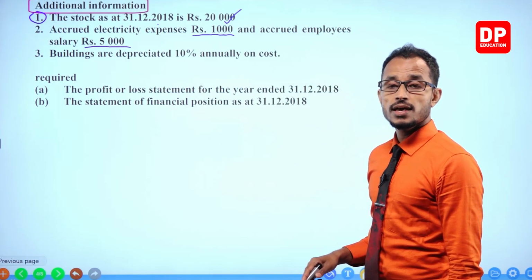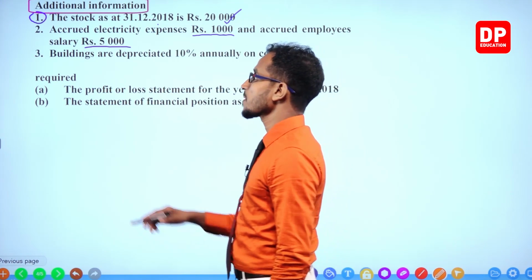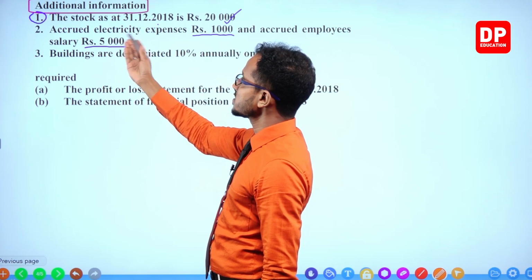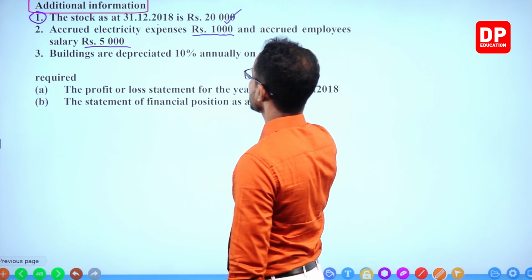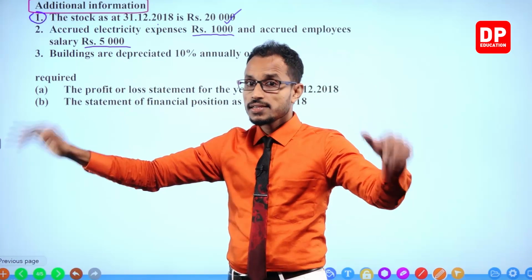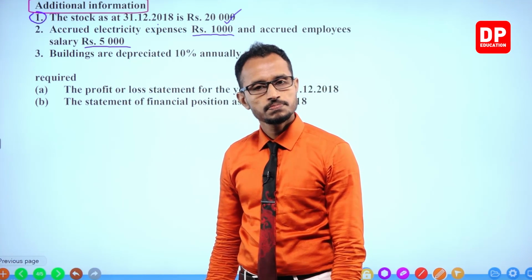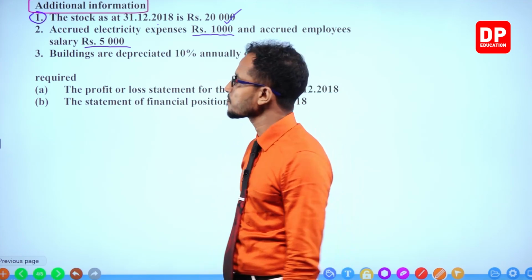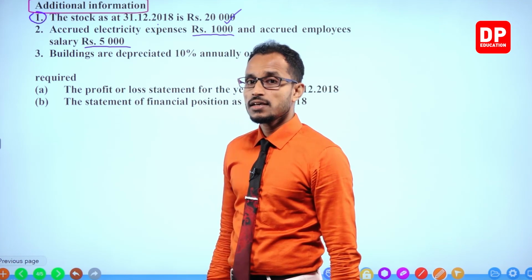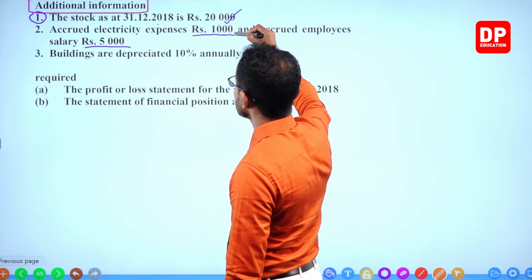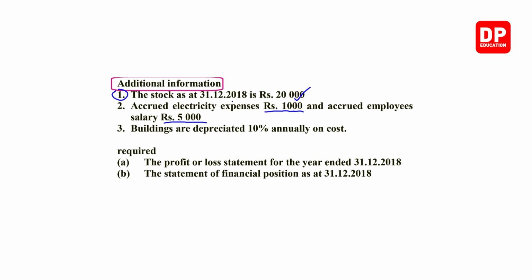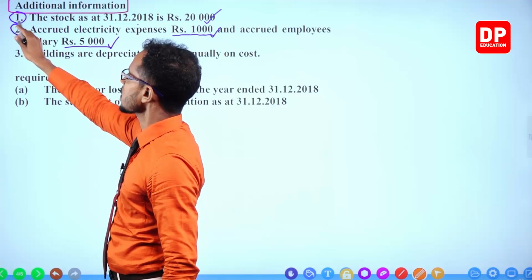We recorded in the profit or loss statement the total electricity expenses and total salaries. But is it over now? No, it's not over. We should enter these values. So we have taken the accrued electricity and accrued salaries. Done.